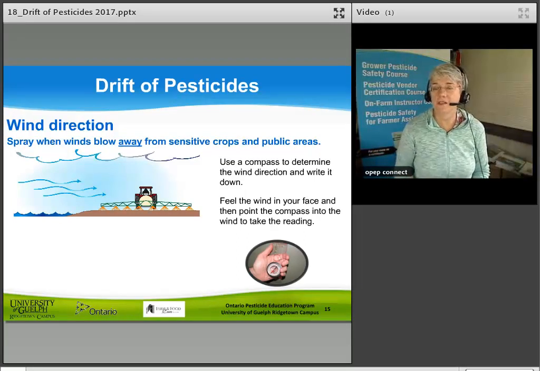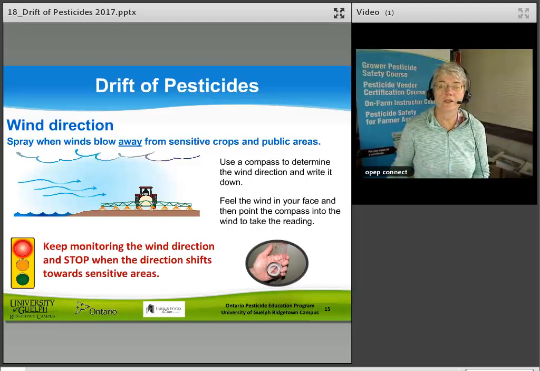Use a compass to determine the wind direction and write it down. Feel the wind in your face and point the compass into the wind to take the reading. And that's how you would do a reading for direction.